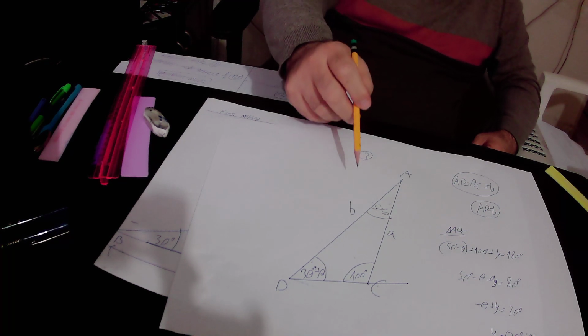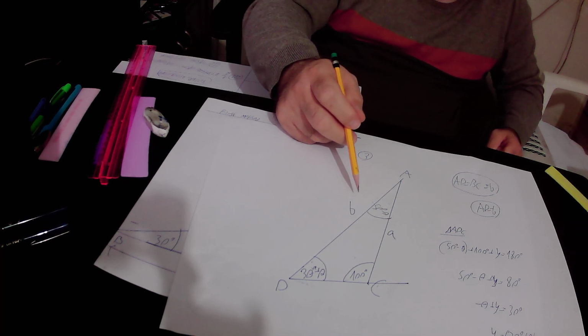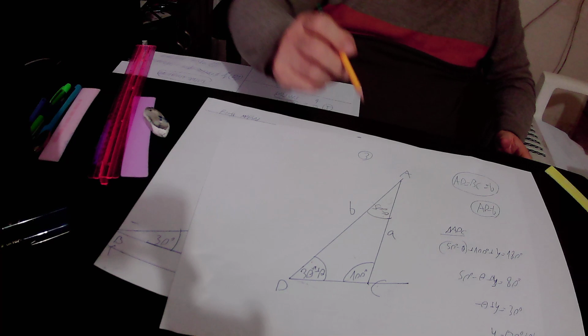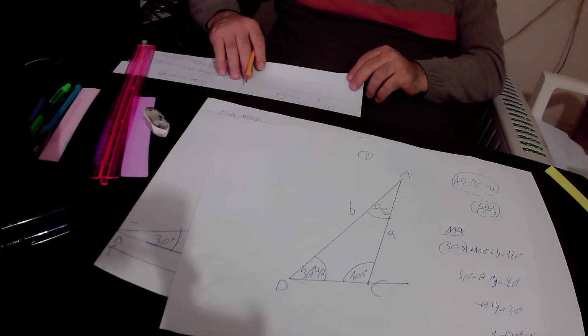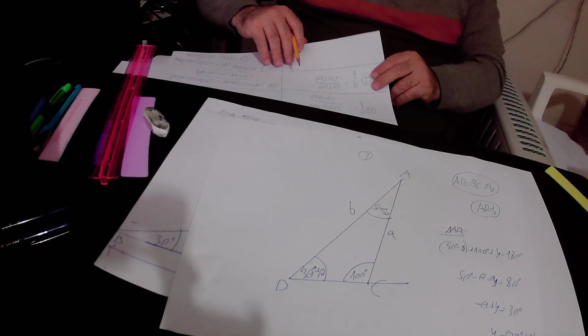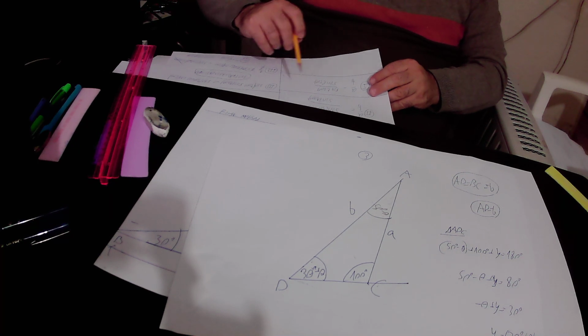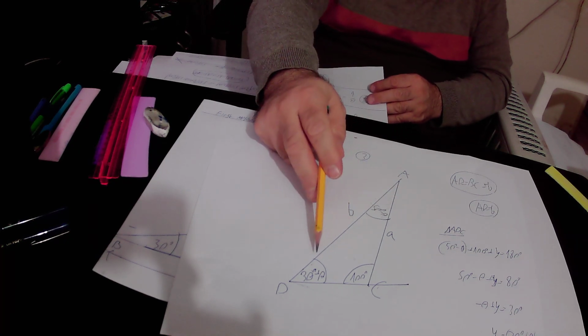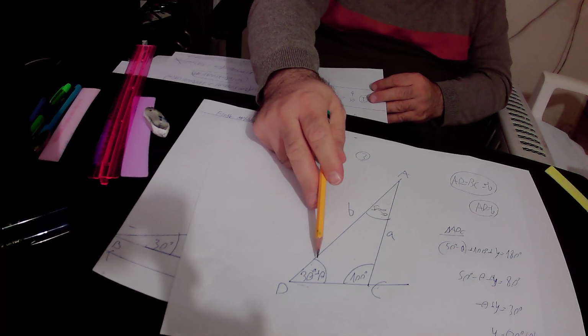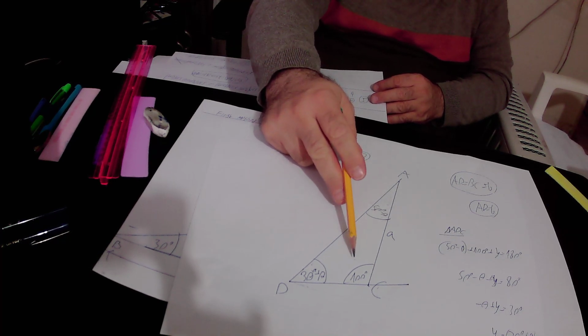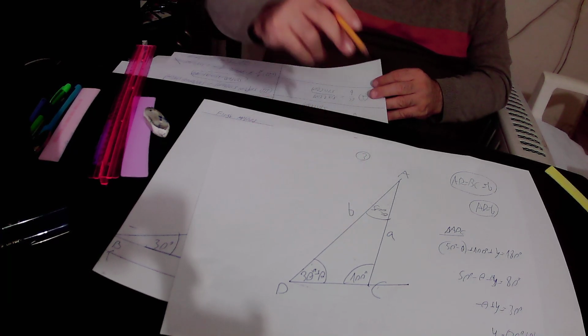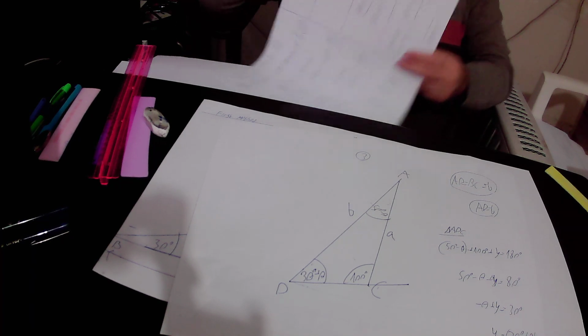Then we implemented the law of sines in this triangle, triangle ADC. According to the law of sines in triangle ADC, we will get that A over sine of 30 degrees plus theta equals B over sine 100 degrees. I'll repeat again.